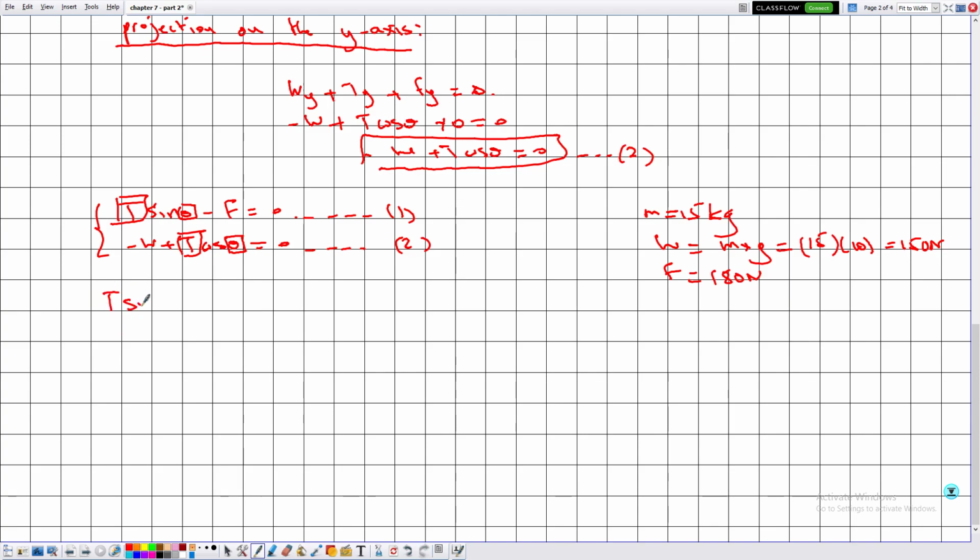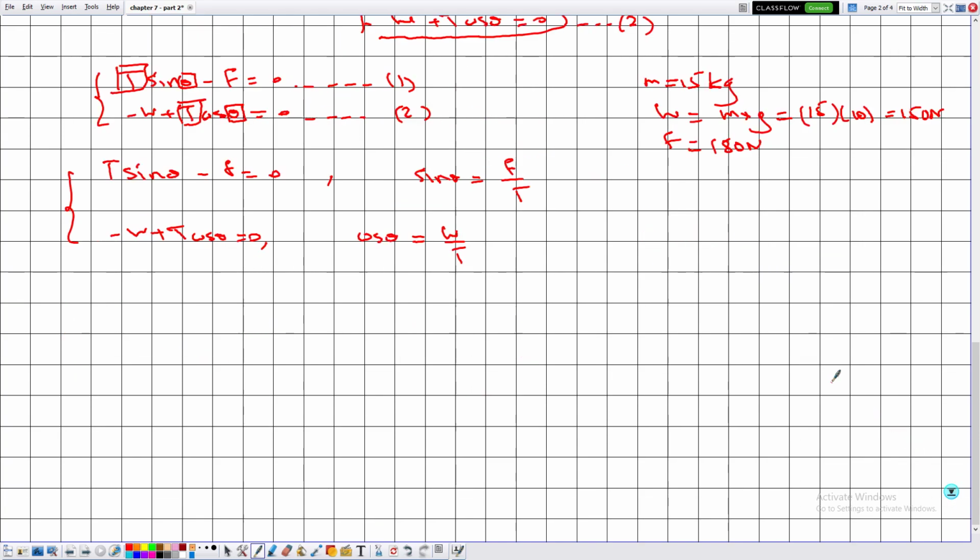So in this case, if T sine theta minus F is equal to 0, then sine theta is simply given by F divided by T, and if minus W plus T cosine theta is equal to 0, then cosine theta is equal to W divided by T. Now using the equation cosine square theta plus sine square theta is equal to 1, here we have W divided by T to the power 2 plus F divided by T to the power 2 is equal to 1.